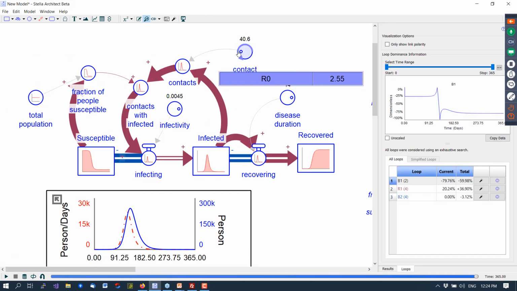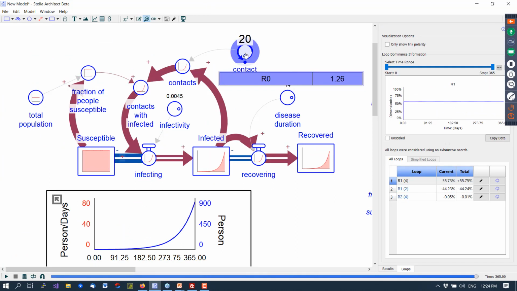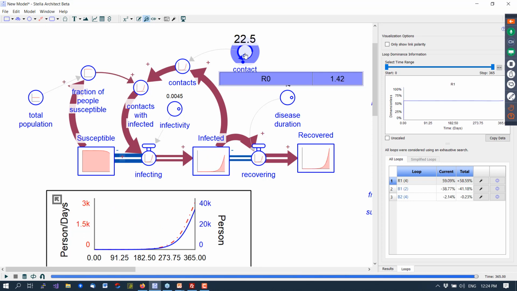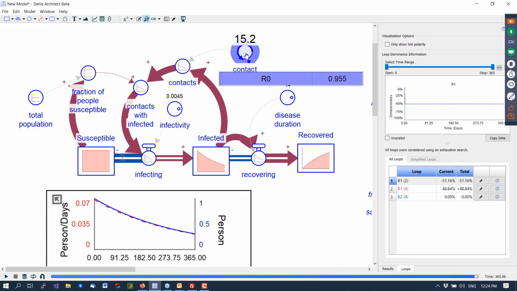But if R naught gets below 1, so we drag it down to 0.95, you see all of a sudden, as soon as it crosses that 1 threshold, we go from something that's taking off, 1.42, to something that's actually just declining. Never would have seen this. You've got one infected person. That infected person will infect less than one other person. So there's just this draining, and the disease actually won't end up doing anything.